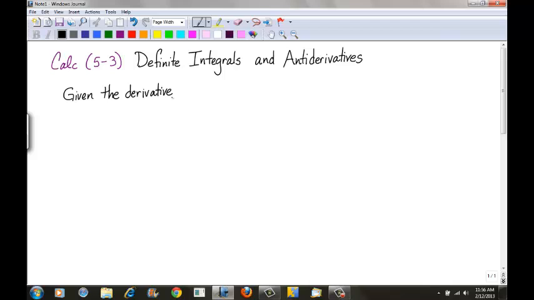If you're given the derivative of a function, we can find the function itself, and then we can find the area underneath the curve.